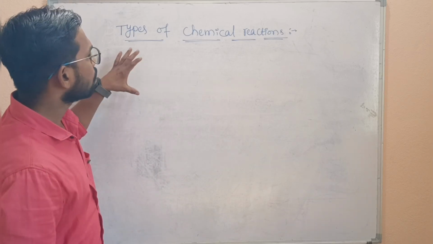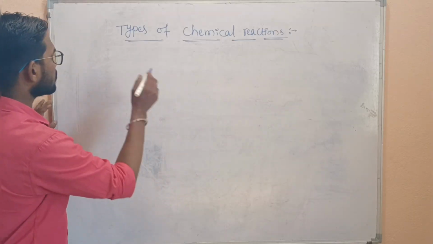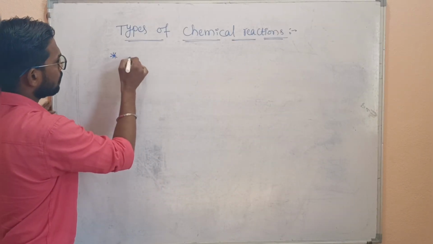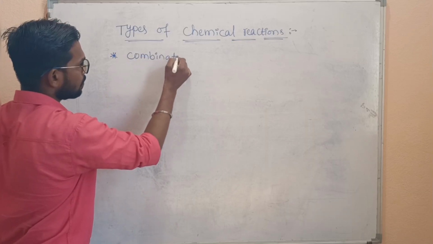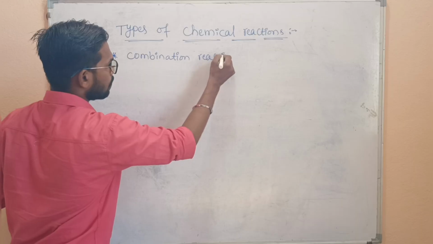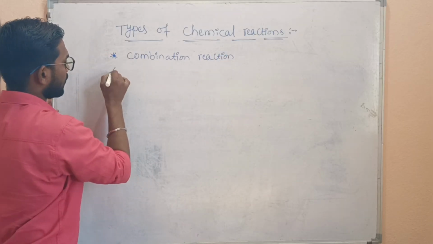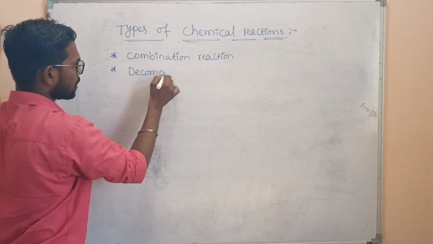Here there are 5 types of chemical reactions. The first one is the combination reaction. Second, decomposition reaction.